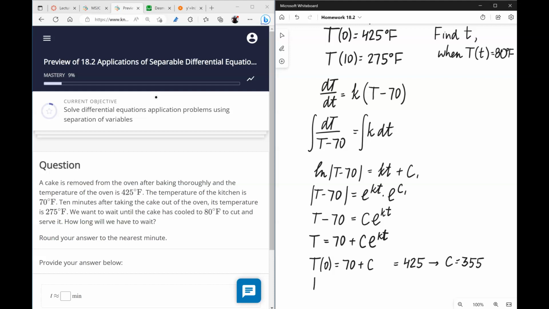And now that I know c, I can use the fact that T of 10 is 70 plus c, which is 355, times e to the power k, which I don't know, times 10, which would allow me to find k.